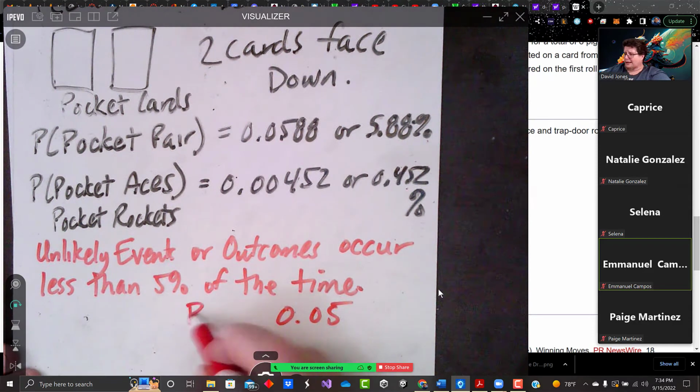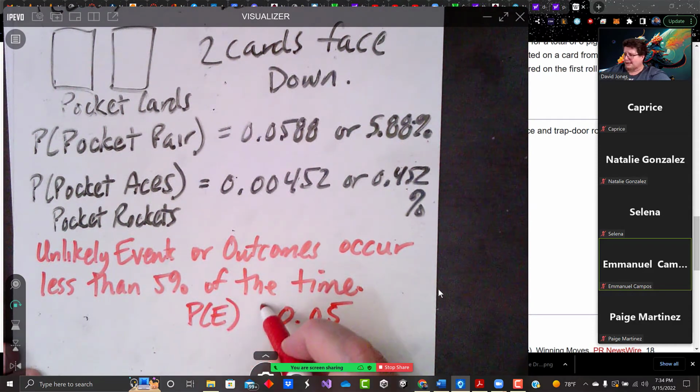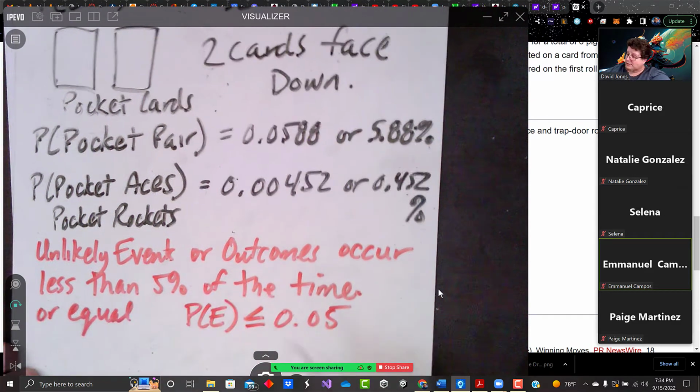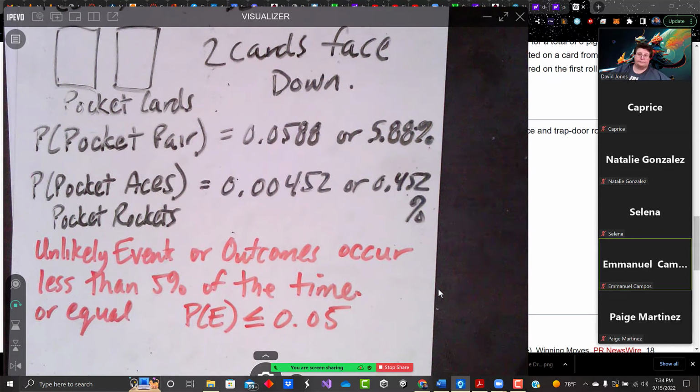So another way of writing it is the probability of the event is less than, I guess it could be less than or equal to, 5%.